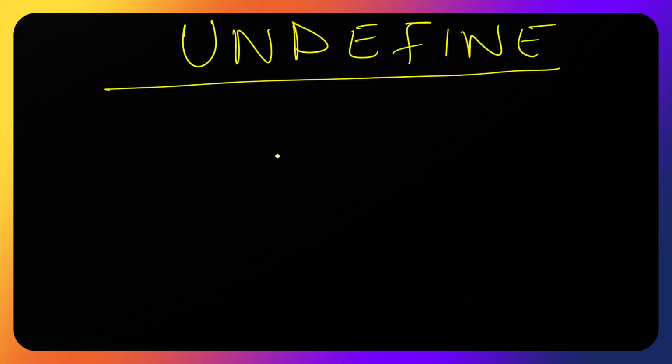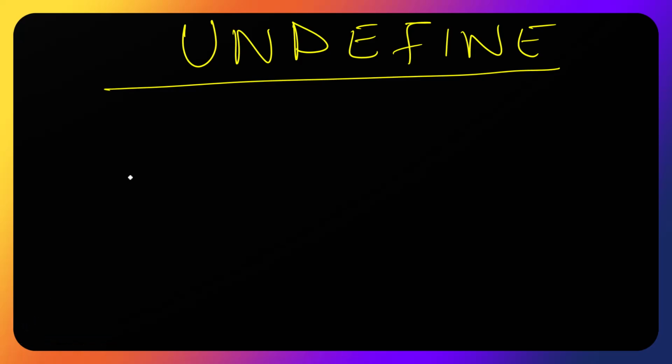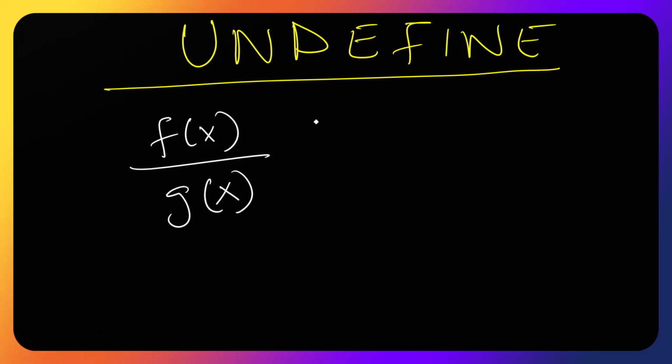Now let's look at how to find values of a variable which make an algebraic fraction undefined. Okay. Now this one is very simple. An algebraic fraction of the form f of x on g of x is said to be undefined if the denominator g of x equals 0.